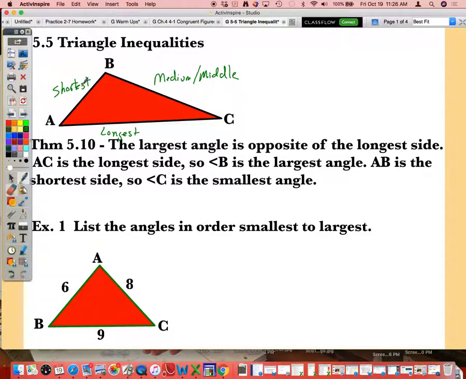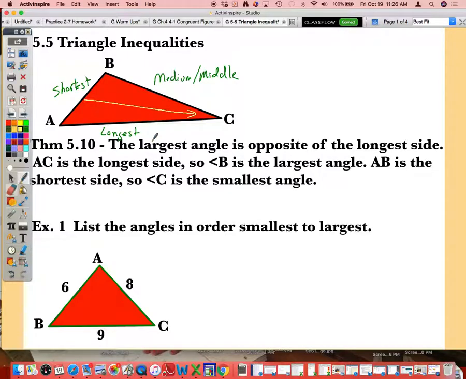Well, we'll talk about that later. But this angle C is opposite of the shortest side. The shortest side is going to be opposite of the smallest angle. The smallest angle is going to be opposite of the shortest side.